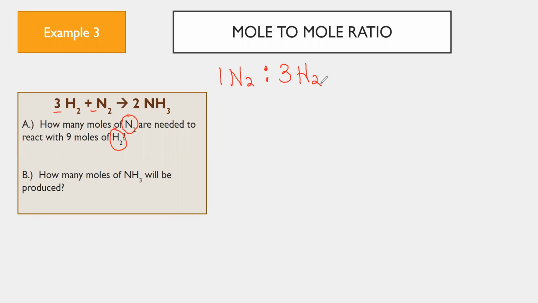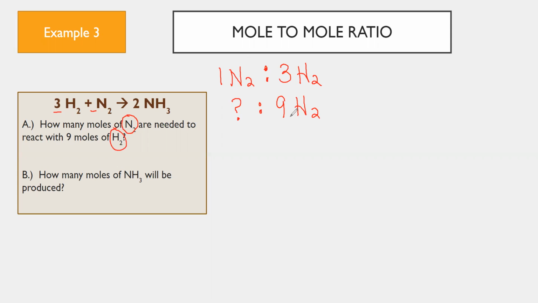So now what do they have? They want to know how many moles of nitrogen are needed to react with 9 H2s. So look, we normally have 1 to 3, and now we've gone from we don't know what it is to 9.